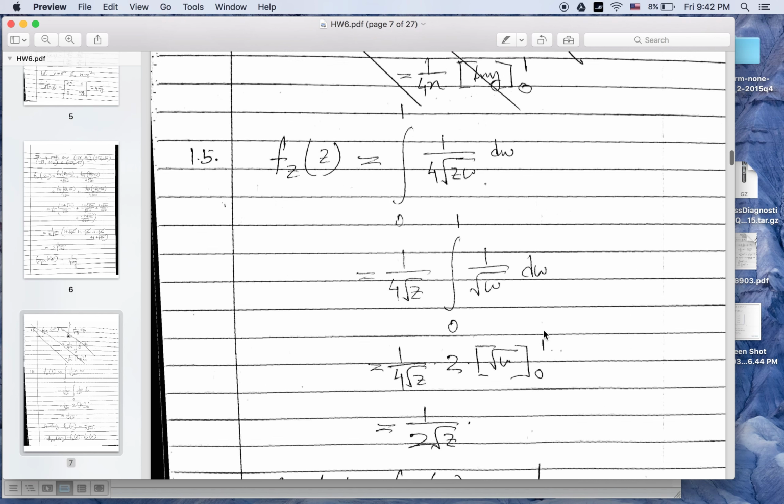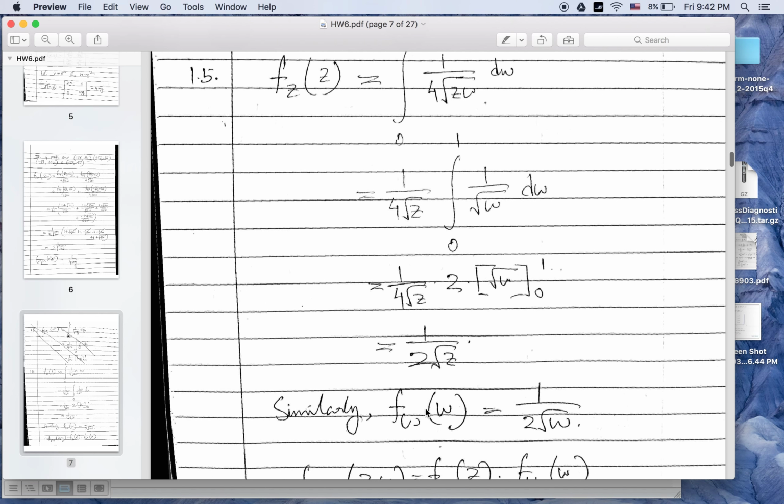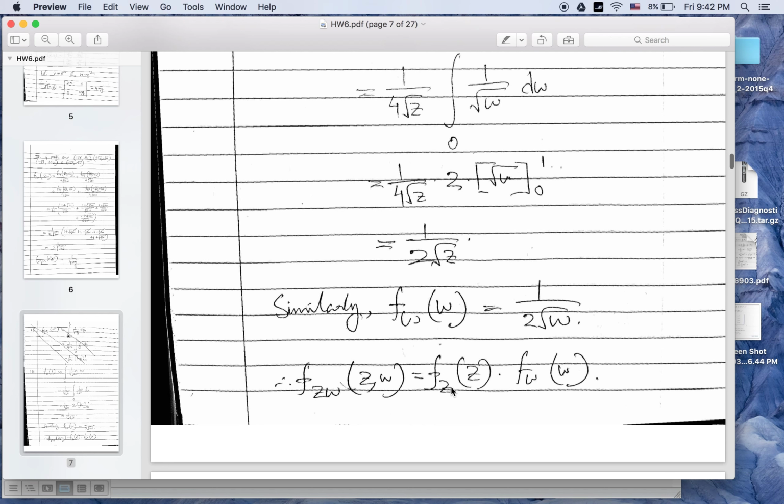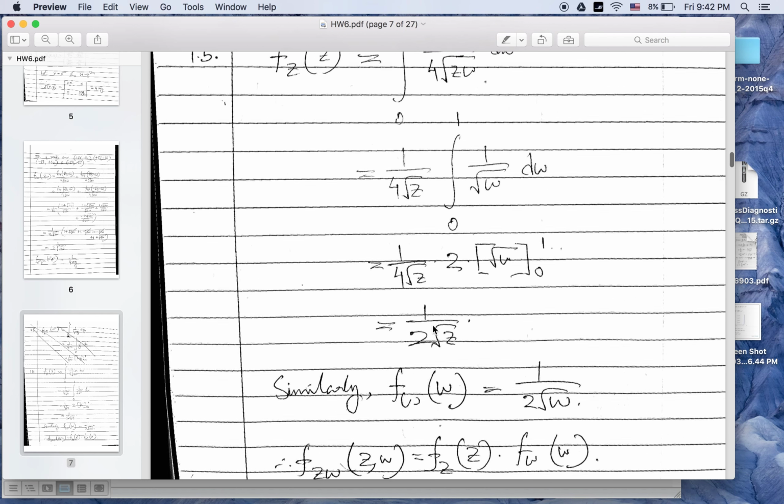We integrate and find that f of z equals 1 by 2 root z, and similarly f of w equals 1 by 2 root w. And f of zw equals f of z into f of w, so z and w are independent of each other.